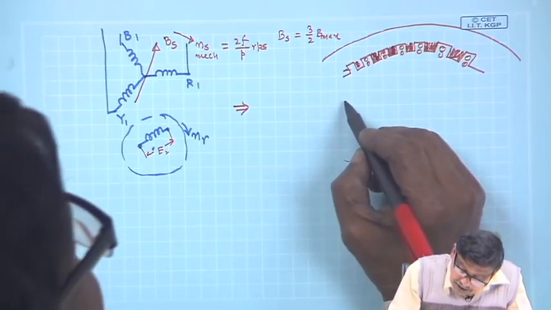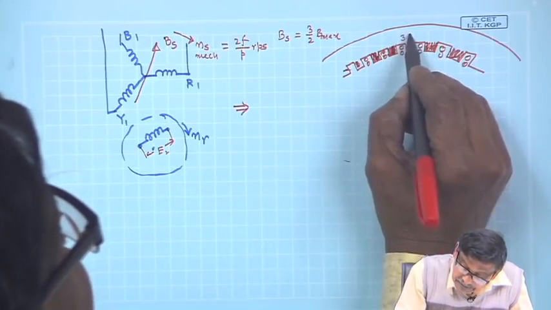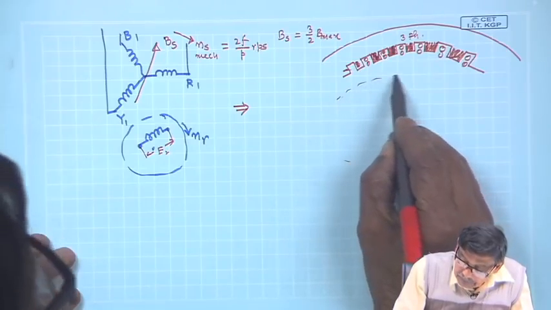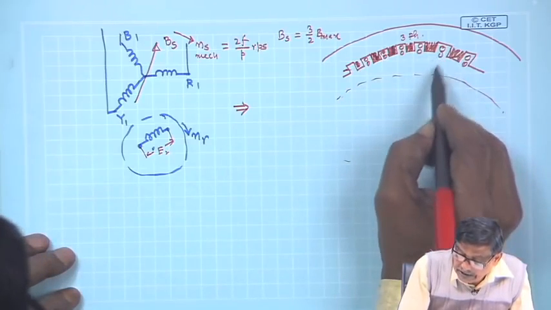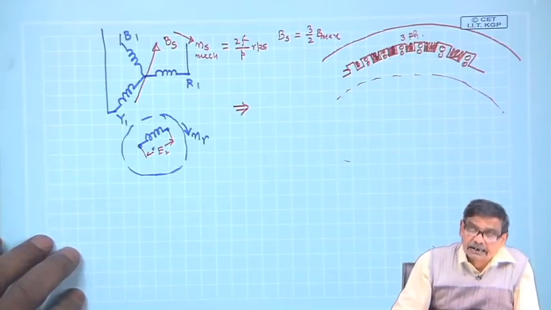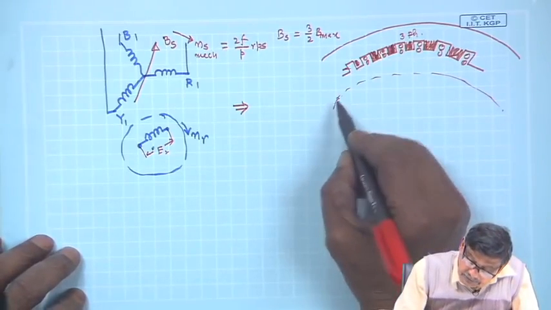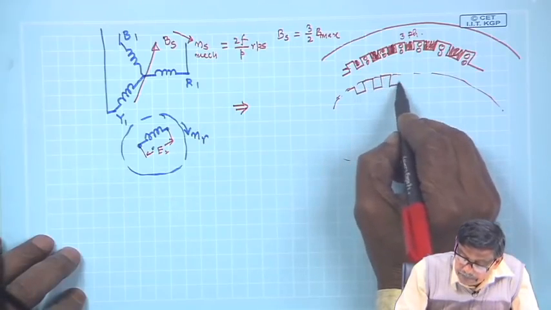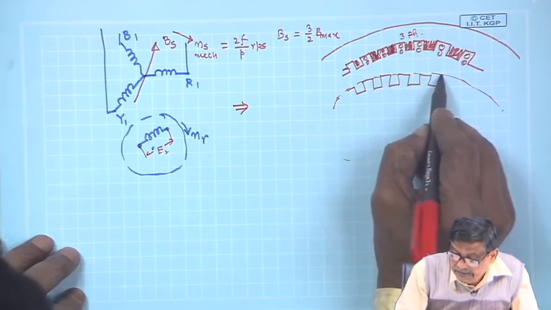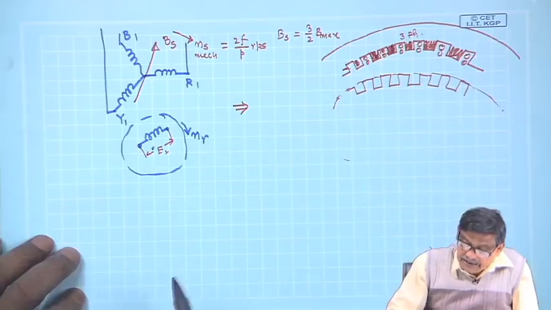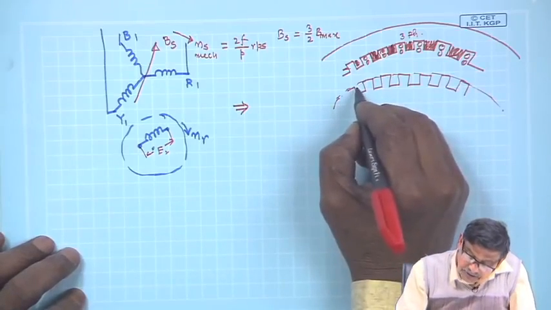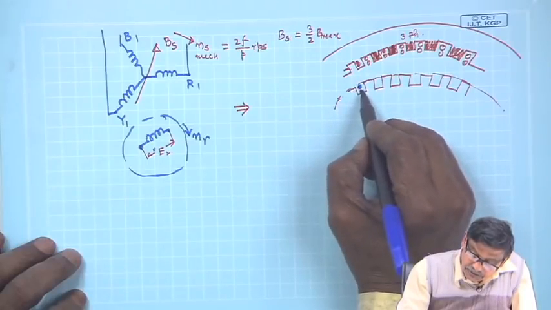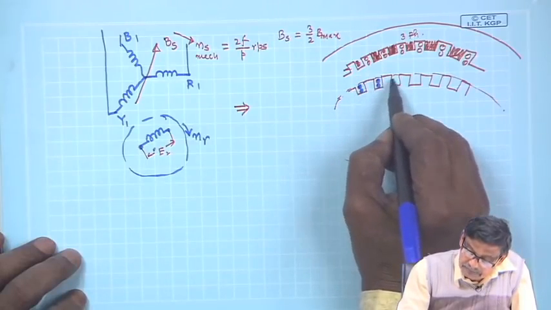Now, similarly on the rotor, which is separated from the stator by the air gap Lg, etc. The rotor too will have slots and teeth, and there also suppose these are the slots, I have placed rotor conductors, which is also a 3-phase coil.